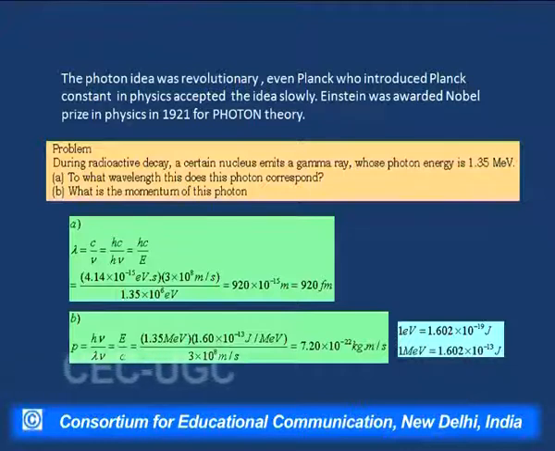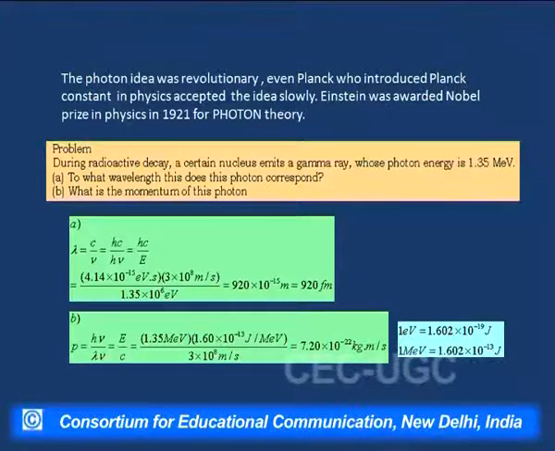Since energy is given in MeV, we will write the value of h in electron volt second, which is 4.14 times 10 to the power minus 15 electron volt second, and the speed of light 3 times 10 to the power 8 meter per second, and then we divide it by 1.35 times 10 to the power 6 electron volt.